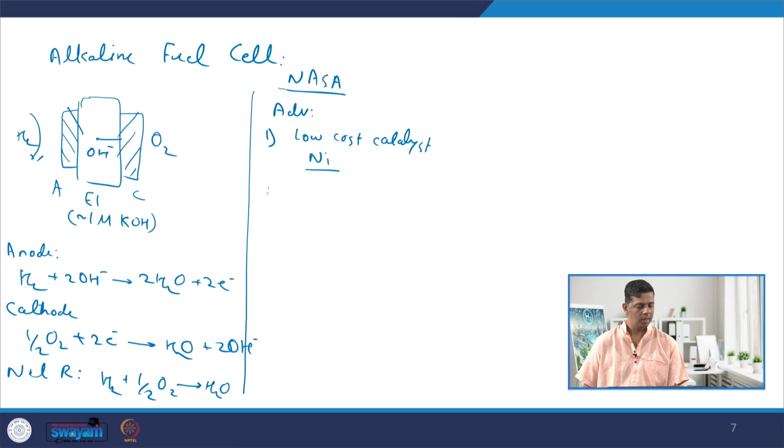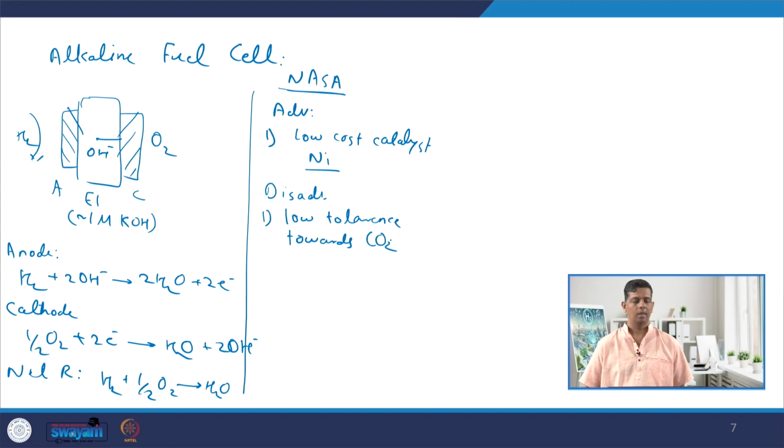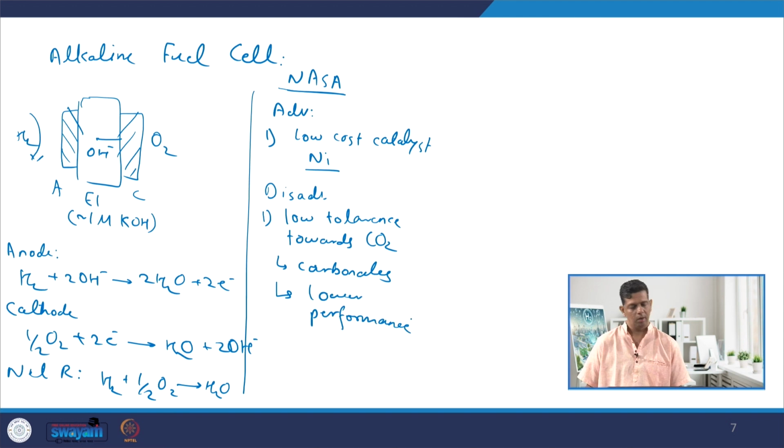The drawback or disadvantage it has is a very low tolerance towards carbon dioxide, as when carbon dioxide gets into the cell, it forms carbonates, and that ultimately leads to lower performance. This is one of the big drawbacks with alkaline fuel cells.